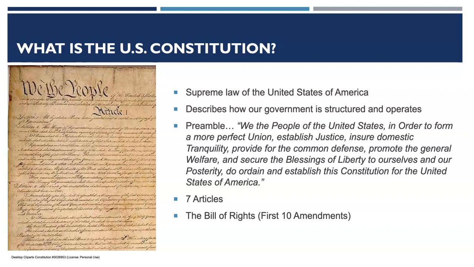The 7 articles of the Constitution are: number 1, the executive branch; number 2, the legislative branch; number 3, the judicial branch; number 4, the states, which are the relationship between the state and federal government; number 5, amendments, which describes the amendment process; number 6, debts, supremacy, and oaths, which are the constitutional law of the land and the swearing of oaths.